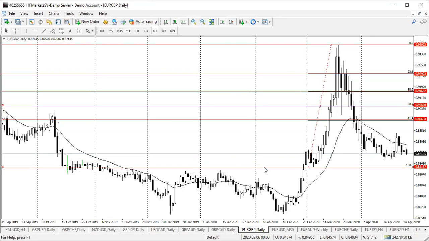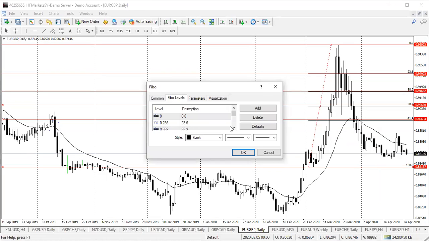So now we just right click on the fib and go to fib properties. And then after that, click on add.